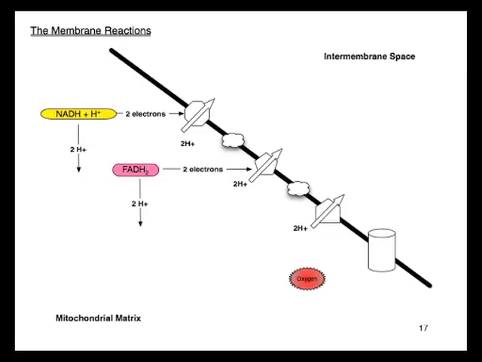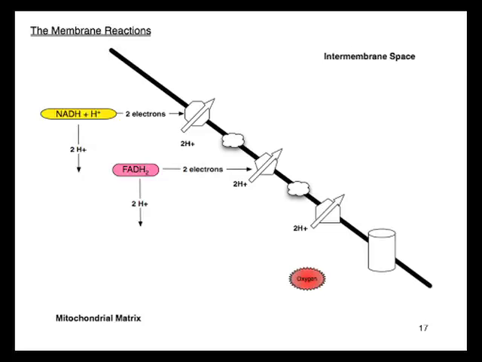Any questions on the membrane reactions? The electron transport and then the oxidative phosphorylation. According to these, it makes FAD to FADH just with the citric acid cycle. But how does that tie in with the shuttle mechanism you have?